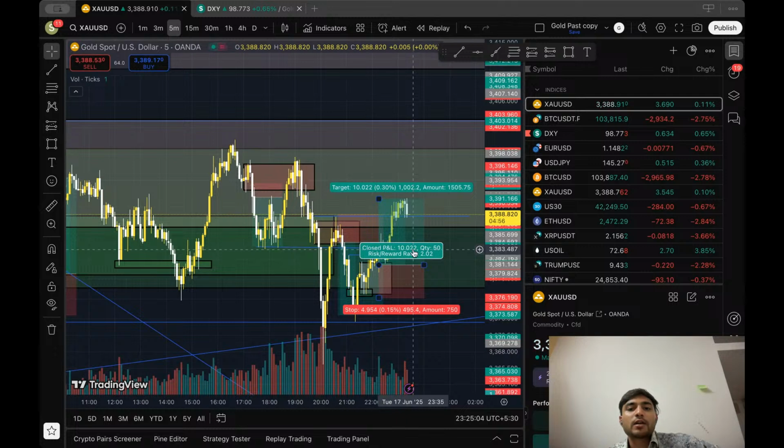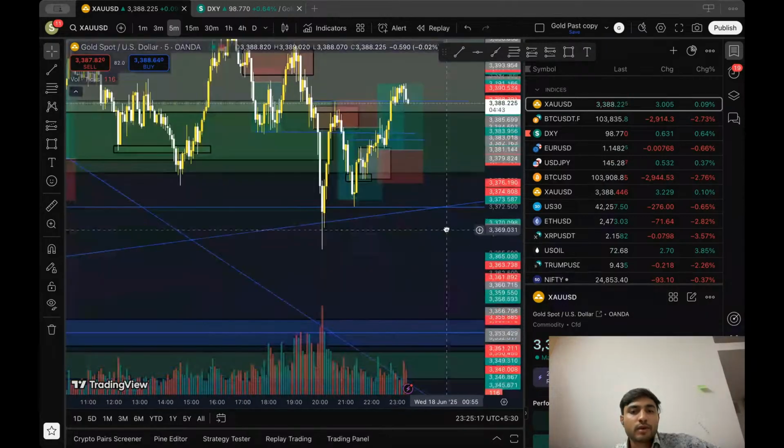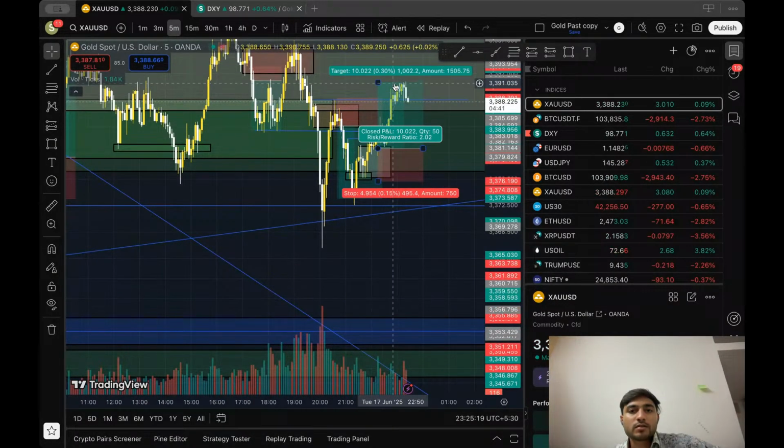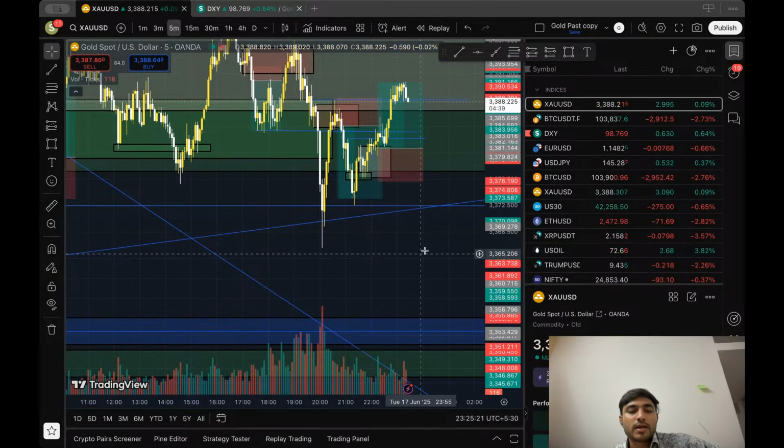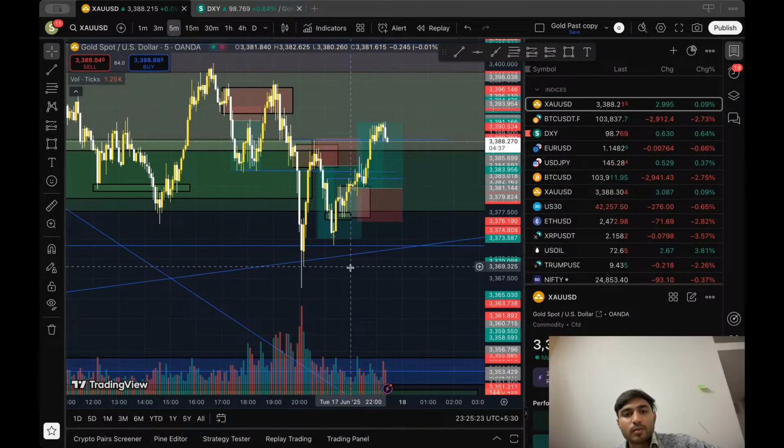So it is around 200, 300 pips. This is around 10 times the 30 pips reaction we had. So in one day, it's only fair to have a 300 pips, 400 pips reaction. What we're currently seeing is a 300 pips reaction. We could have a little bit more reaction as well.